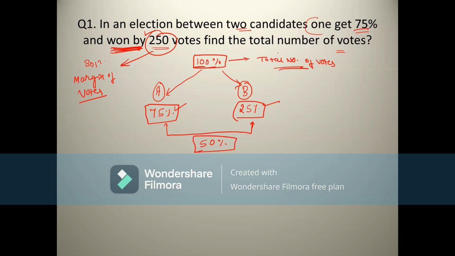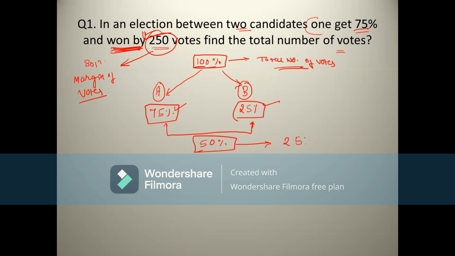It is 50%. A gets 75% of the votes, so B gets 25%, so the margin is 50% of the votes. But in the question, they have given the margin as 250 votes. So 50% of the votes is equal to how many votes?